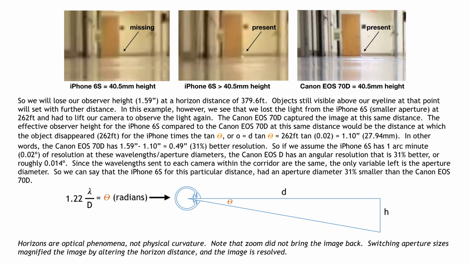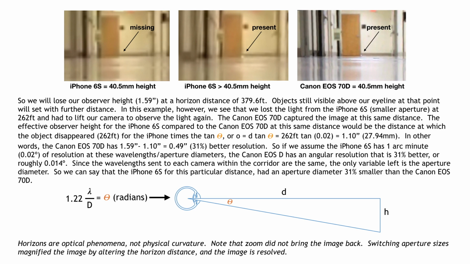The effective observer height for the iPhone 6s compared to the Canon EOS 70D at this same distance would be the distance at which the object disappeared, 262 feet, for the iPhone times the tangent of theta, or the observer height equal to d tan theta, or 262 feet times tangent 1 arc minute, equal to 1.10 inches, or 27.9 millimeters. In other words, the Canon EOS 70D has 1.59 inches minus 1.10 inches, or roughly half an inch, or 31% better resolution.